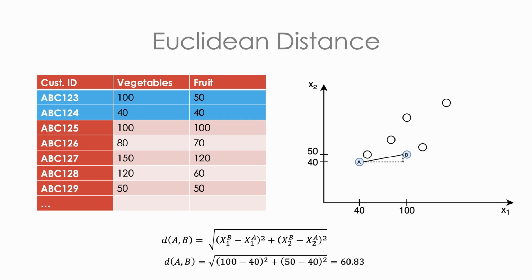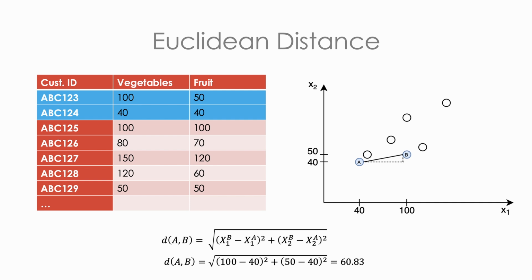To compute this distance, first, calculate the difference between the two customers for each variable. For example, if customer A spent 100 euros on vegetables and customer B spent 40 euros, the difference is 60. 2. Square this difference. 60 squared equals 3,600. 3. Repeat the same process for the second variable.